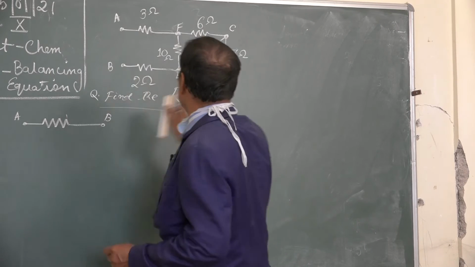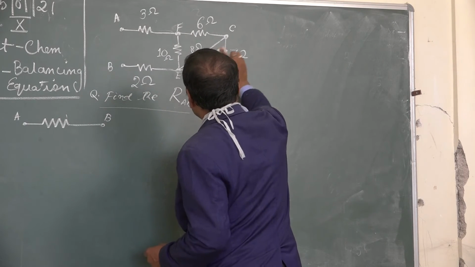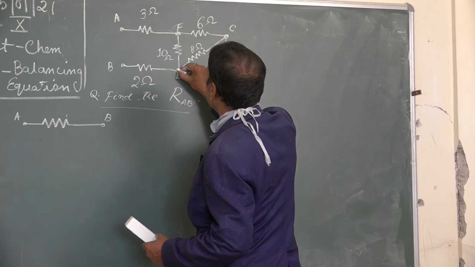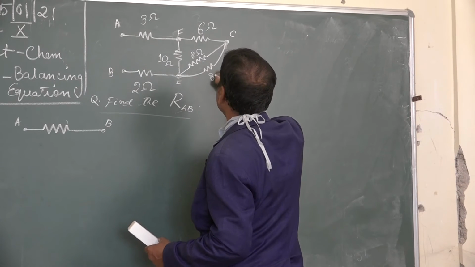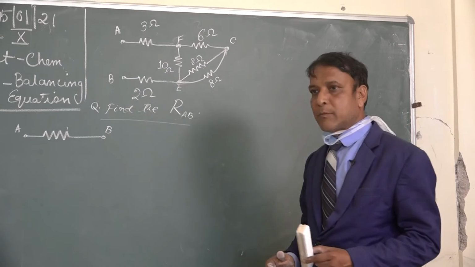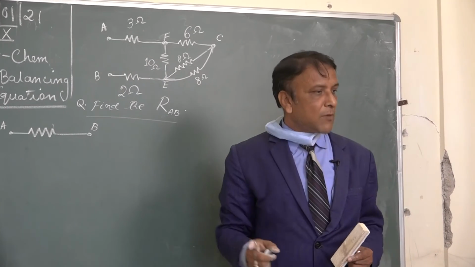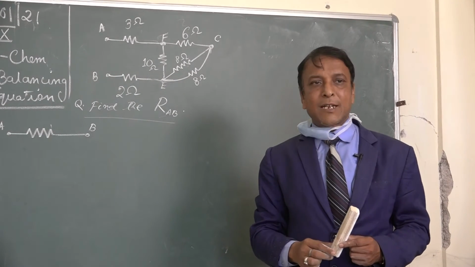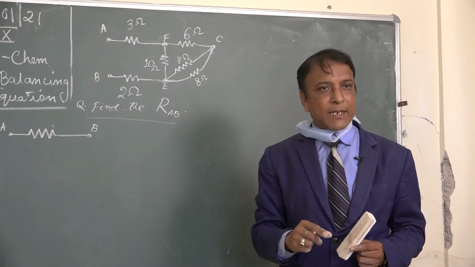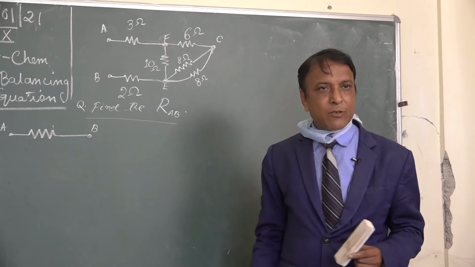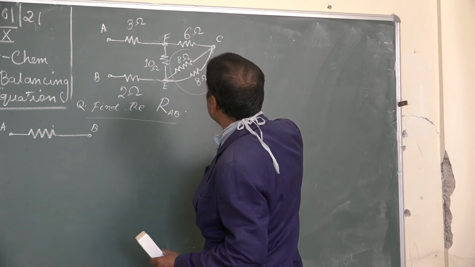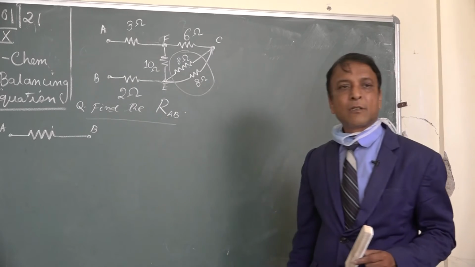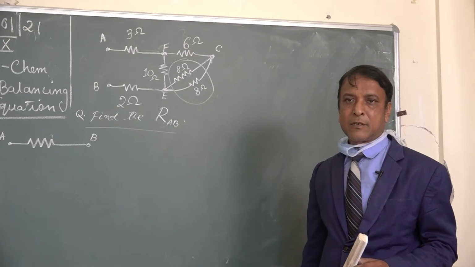We can draw a single resistor, and that is equal to 8 ohm. Instead of taking 7 ohm and 1 ohm which were in series, 7 plus 1 is 8, so I took 8 ohm. Now you see this 8 ohm and this 8 ohm, they are in parallel connection.